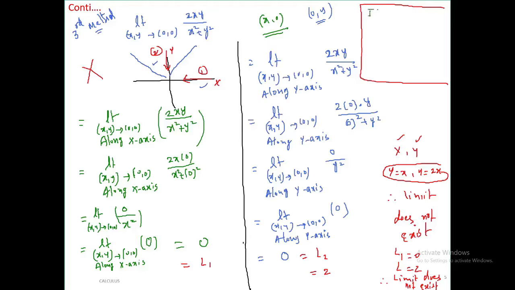If there exist two paths such that limit is not same, therefore limit does not exist. So this is the main point.